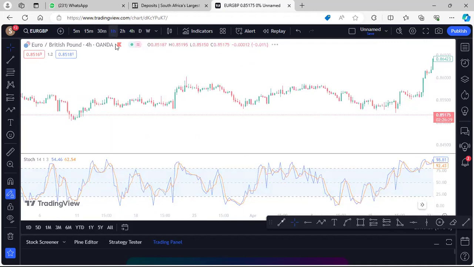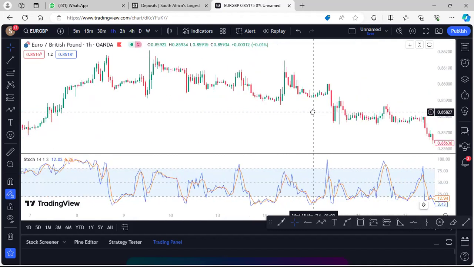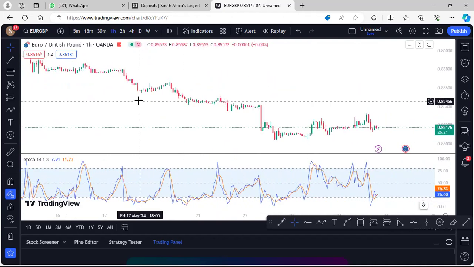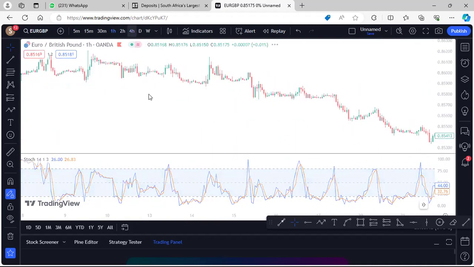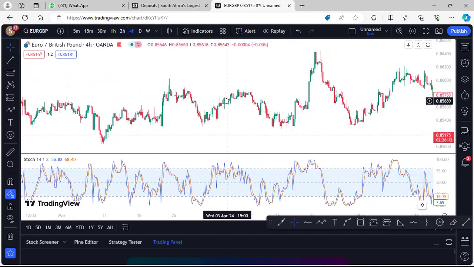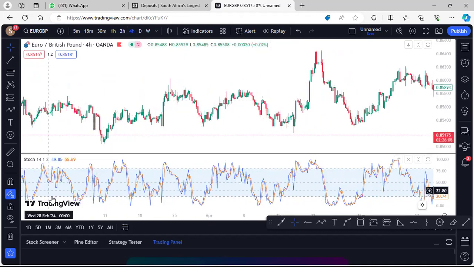What this tool does is it tries to pinpoint the same concept. It tries to pinpoint the level of support and resistance. Let's say you're on H4. This tool uses percentages.